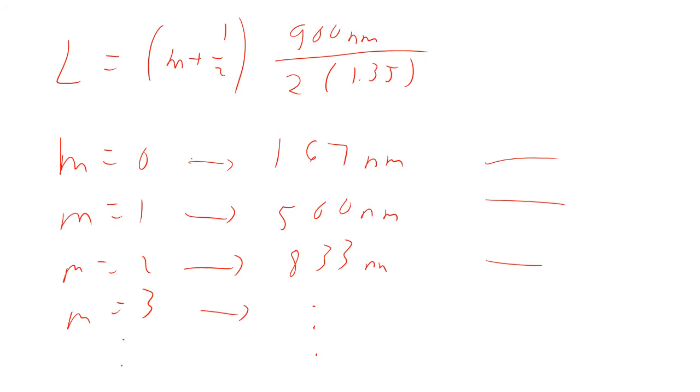But we have another condition that we want to meet. The other condition is that we want to make sure that we get maximum reflection at 450. So that means that we want 2L equal to m lambda over n, for 450 nanometers.